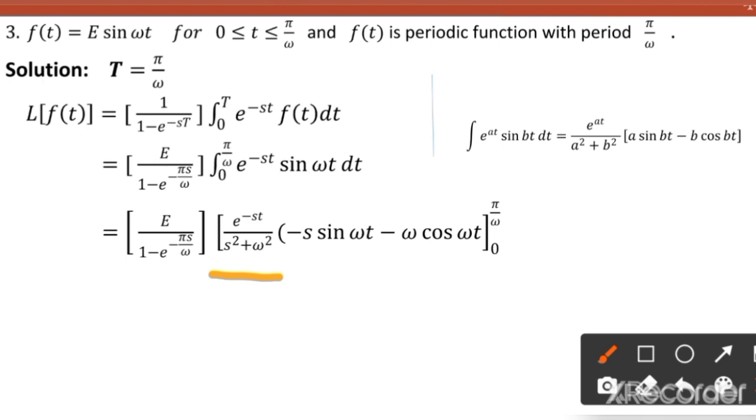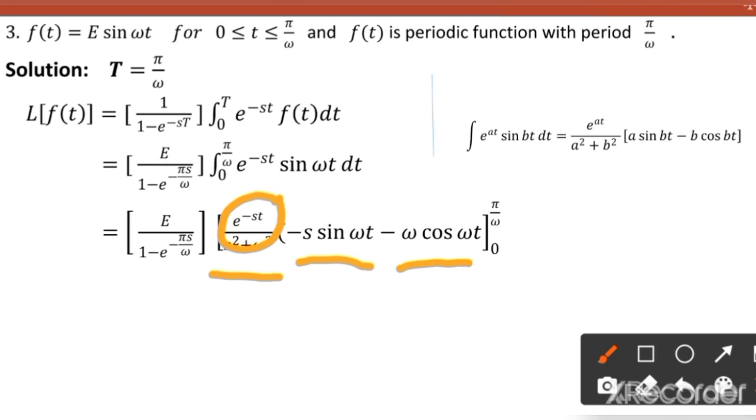A sin bt, now it is minus s sin omega t minus b, that is omega, cos omega t, and apply the limit 0 to pi by omega. If I apply the upper limit first, take it very carefully, we have not only sine and cosine functions, we also have e power minus st, so apply that too.